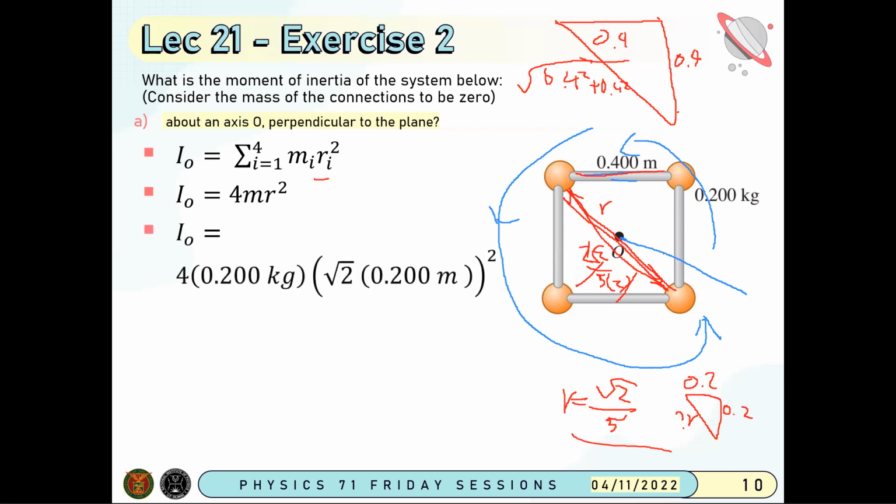And then we plug in our values. 0.2 kilograms, and then mr squared. So this is our r. 0.2, why times 2? Square root of 2 over 5. Anyway, this should be square root of 2 over 5.